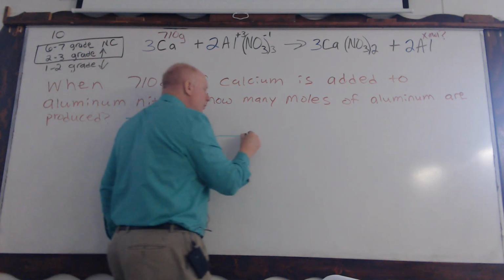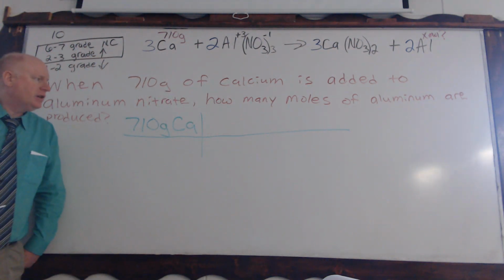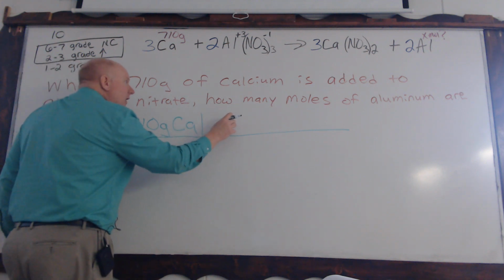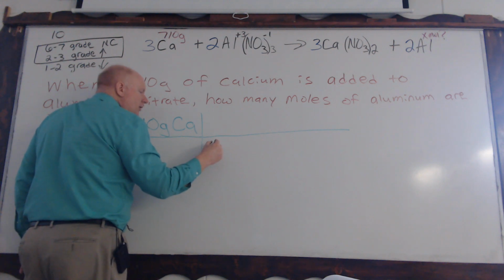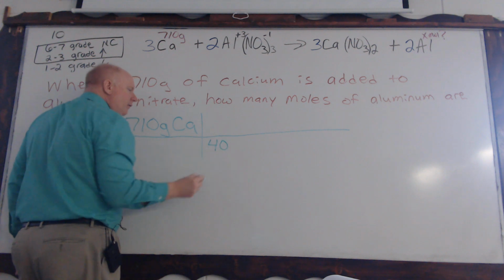We want to get rid of this calcium and convert it to a different substance, and the only way that you can do that is in a mole ratio. So how do we get rid of our calcium in our second step? Okay, so around 40.